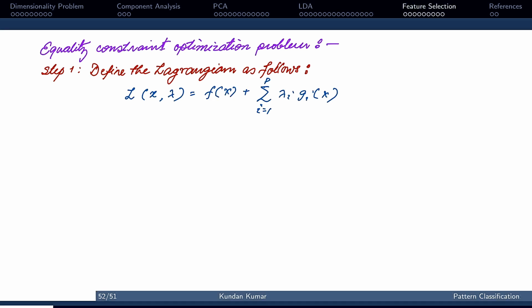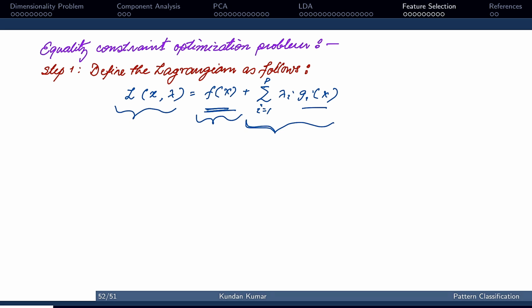To define the Lagrangian, we add the weighted sum of the constraints to the objective function. f(x) is our objective function.